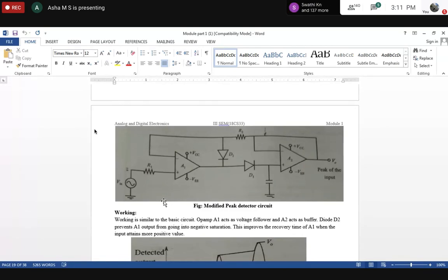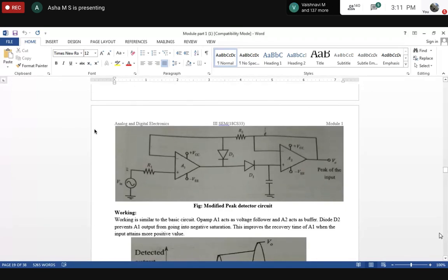The circuit should still work properly even when it is in the negative peak. So what happens when the input is in the negative peak? Diode D1 is reverse biased, whereas D2 gets forward biased. So this D2 will maintain A1, so that it works properly.